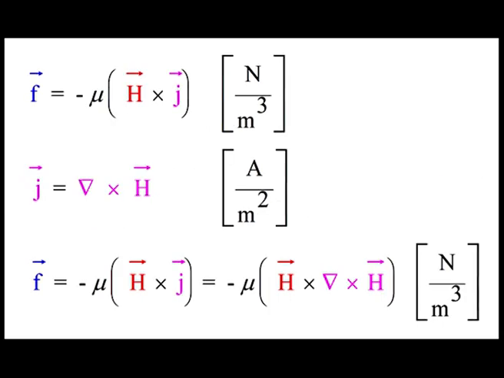We apply now Ampere's law into the force density equation for the Coulomb force, and we find that the total expression for the force density, expressed in Newton per cubic meter, is the electromagnetic field intensity cross product the curl cross the field intensity for the magnetic field.